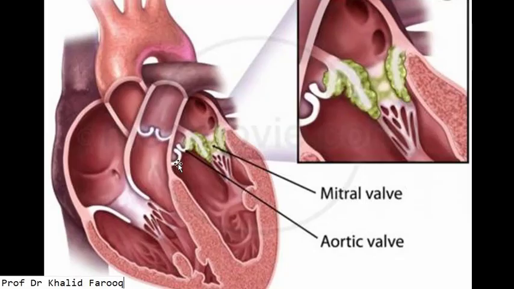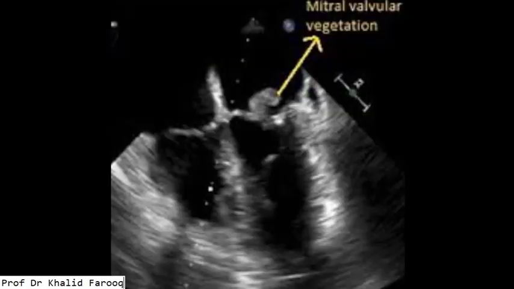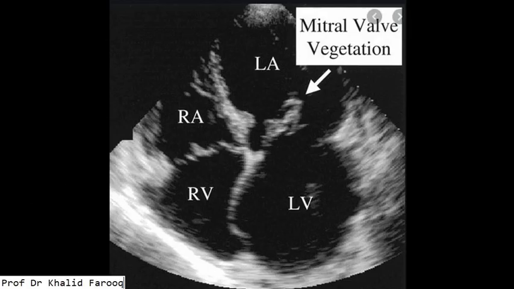Another schematic example where we can see multiple conglomerated nodules suggesting vegetation in the mitral valve. This is another example where we can see mitral valve vegetation. Another example where lobulated nodular surface of the mitral valve is seen, suggesting mitral valve vegetation.